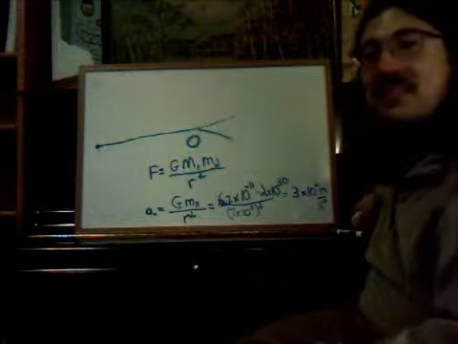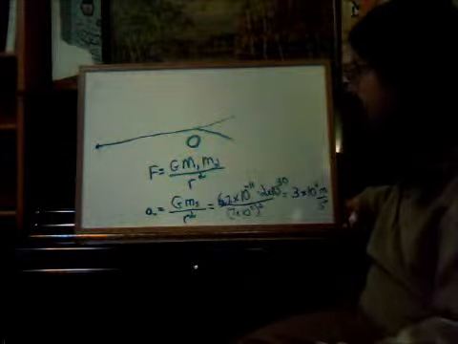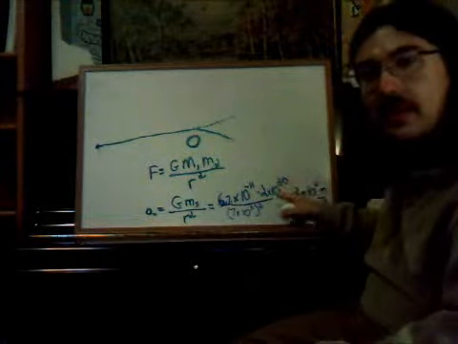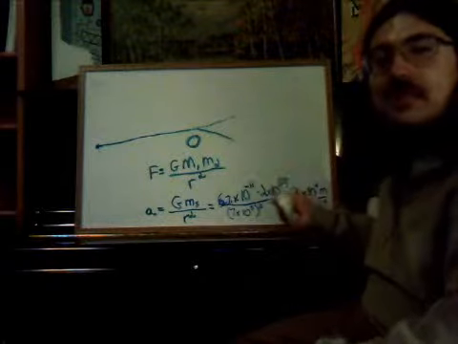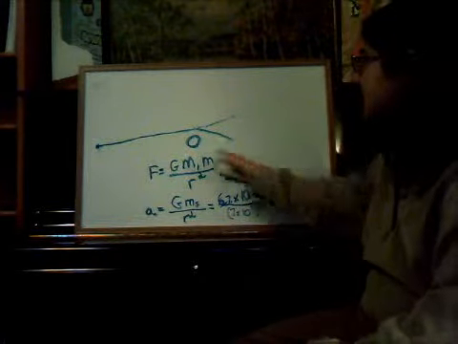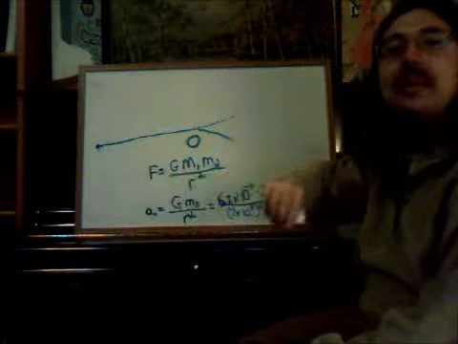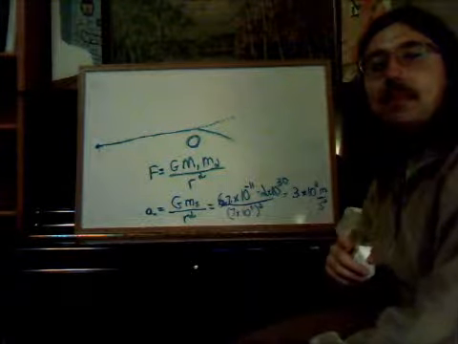If you were on the sun, you would still be okay. Now, it's important to note that this is only a maximum acceleration. So this is when the light is just grazing the surface of the sun.